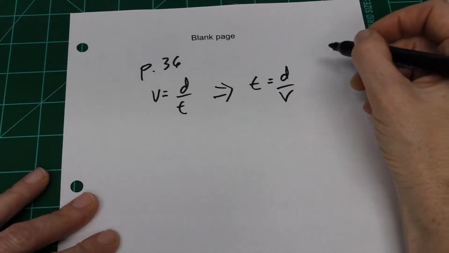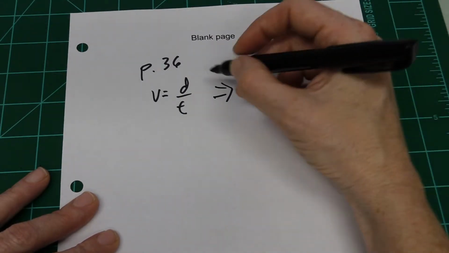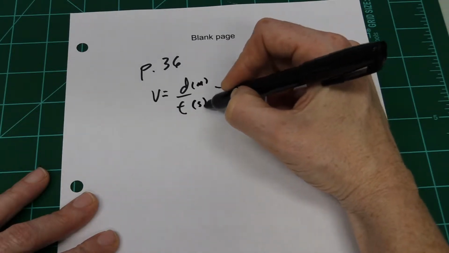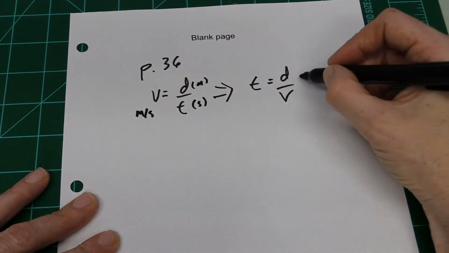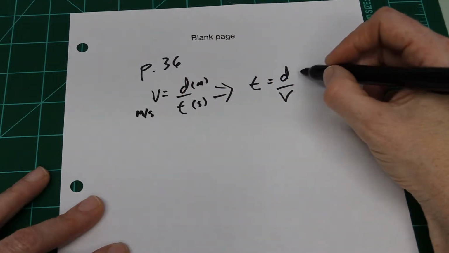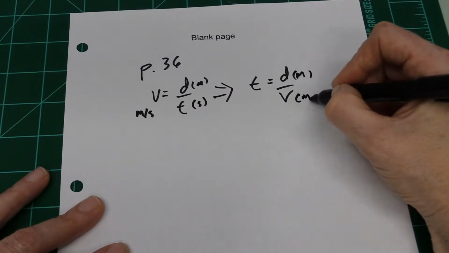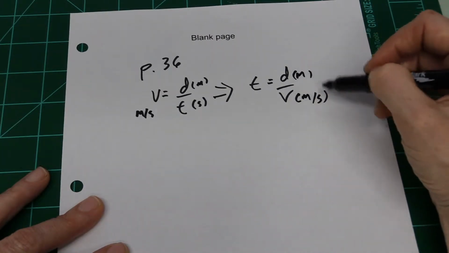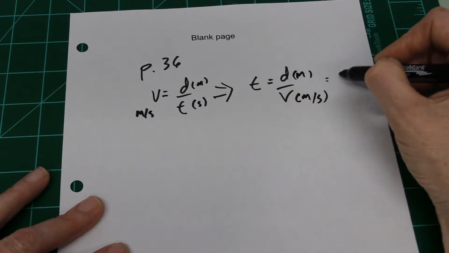So now this is also in your book, and just always pay attention to the units. Let's pretend that distance is in meters and time is in seconds, and then velocity is going to be meters per second. But when you divide meters by meters per second, you'll notice that you're going to scratch out those meters, and the second is in the denominator, and so this is going to give you seconds.